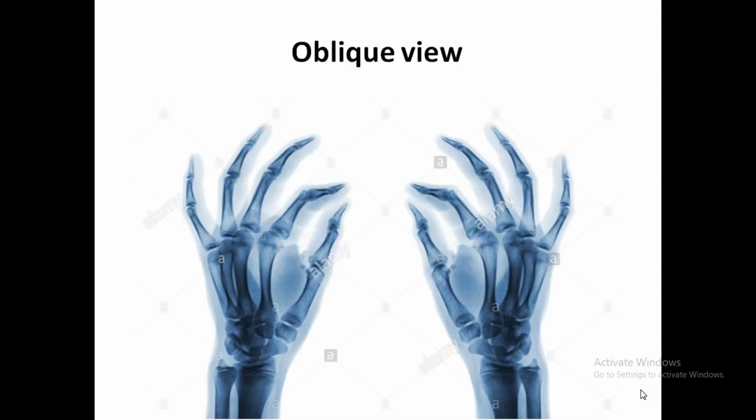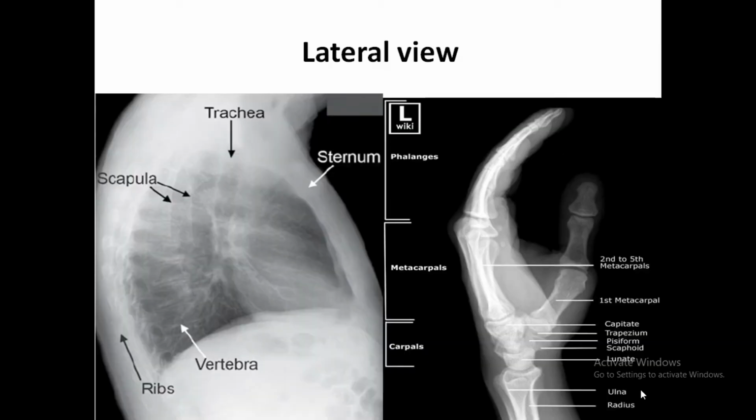Then we have an oblique view. The central ray passes through the body part at an angle to the transverse plane or the coronal plane. Then this is the lateral view, in which the central ray passes from one side of the body to the other through the axial plane.